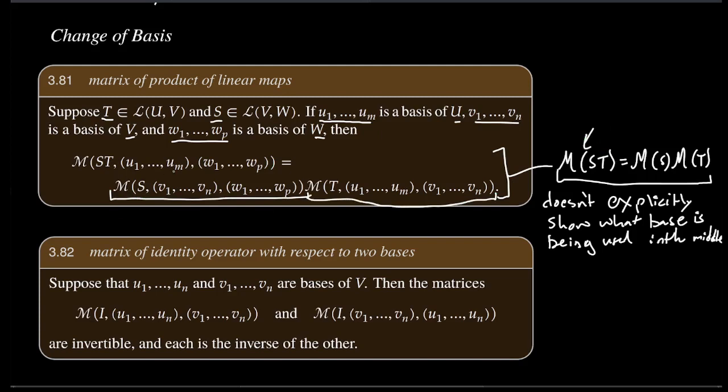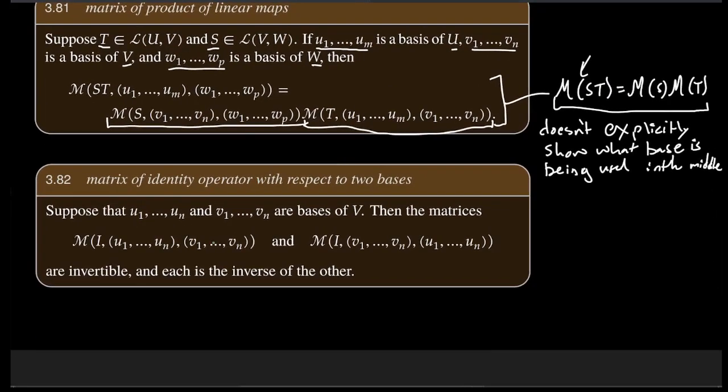So those guys don't pop up over there, and if I just wrote it in this form, it wouldn't be clear what those V's were. If you just like it in this form, it's perfectly fine, it's still acceptable, but the whole idea is that this depends on a choice of basis for the intermediate space V. Okay, cool. So basically it says that you can break up the matrix over the product of linear maps over composition. Okay, here's the idea.